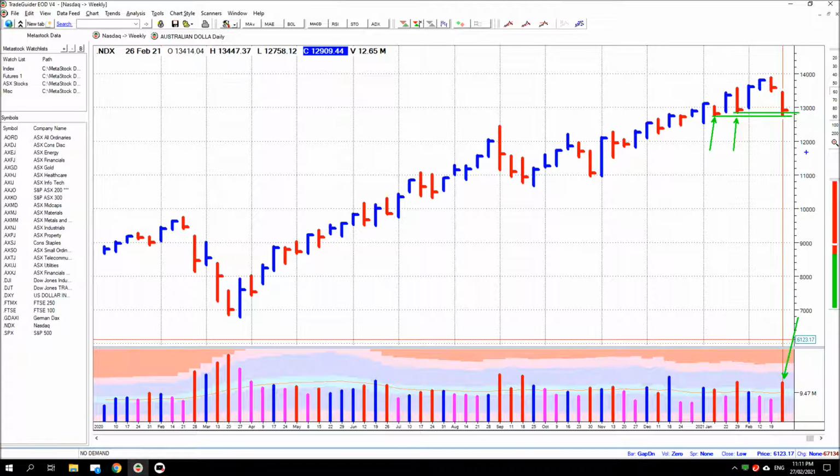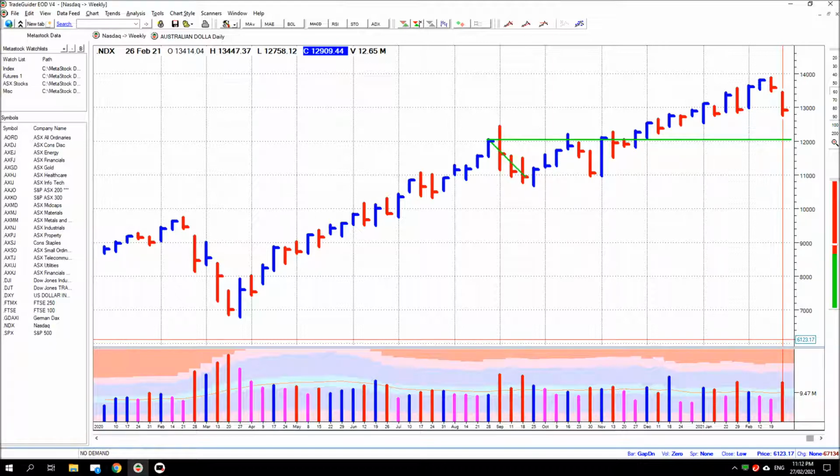But if you get a down bar in response of some description, then the classic level for the market to move to would be the old breakout line from this accumulation.